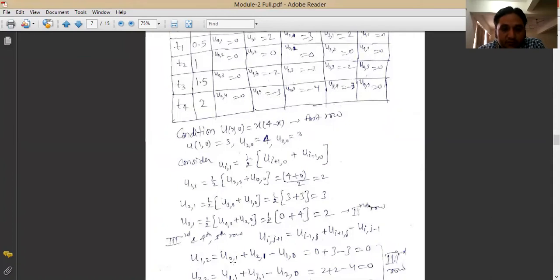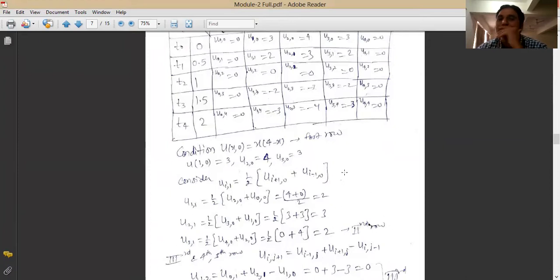So u of 0 comma 1 plus u of 2 comma 1 minus u of 1 comma 0, right? So that will give you 3 minus 3, which is equal to 0, right? So like that we will get 0, this 0 plus this 3 minus this above value, like that the value will come here. Okay.